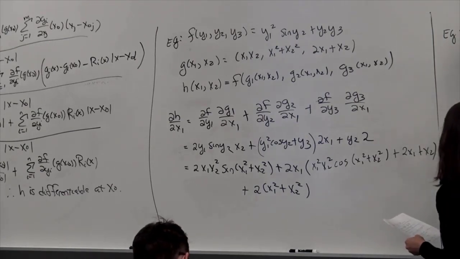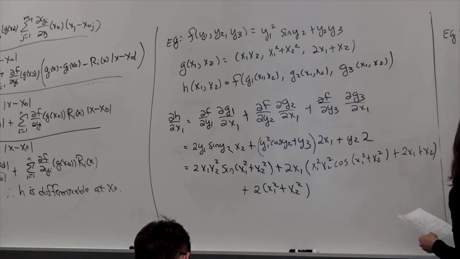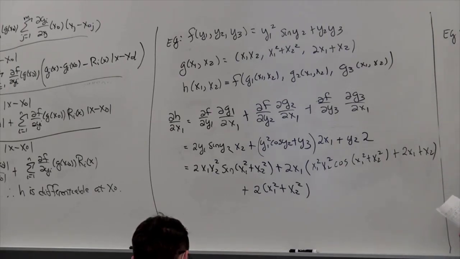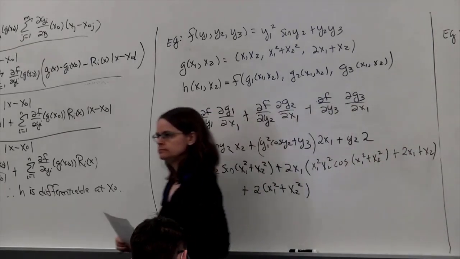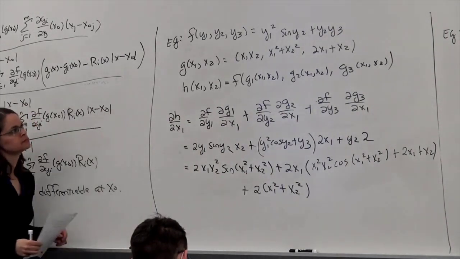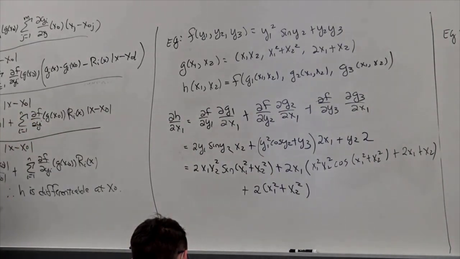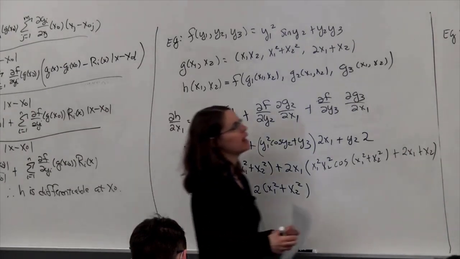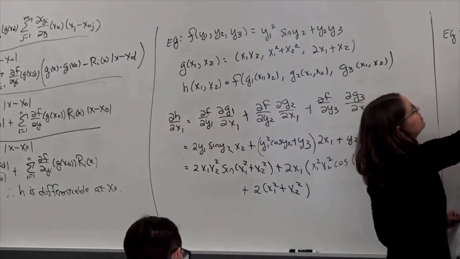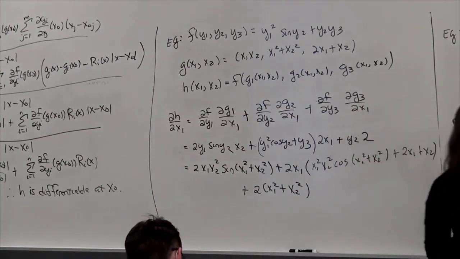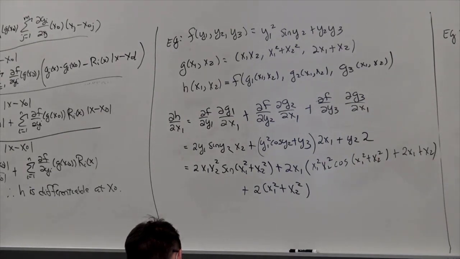Okay, so let's suppose that f of x, y is differentiable on R2. Now I'm going to identify these variables, x and y, in terms of their polar coordinate representation.